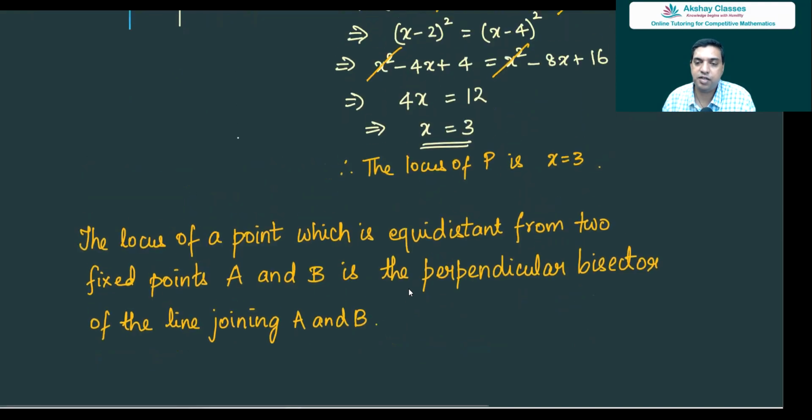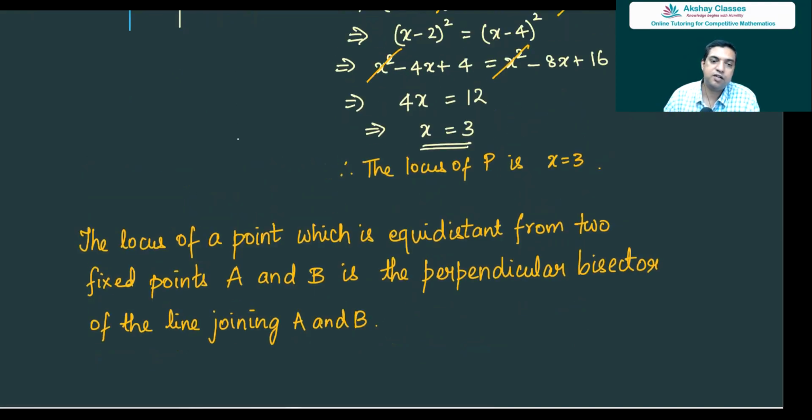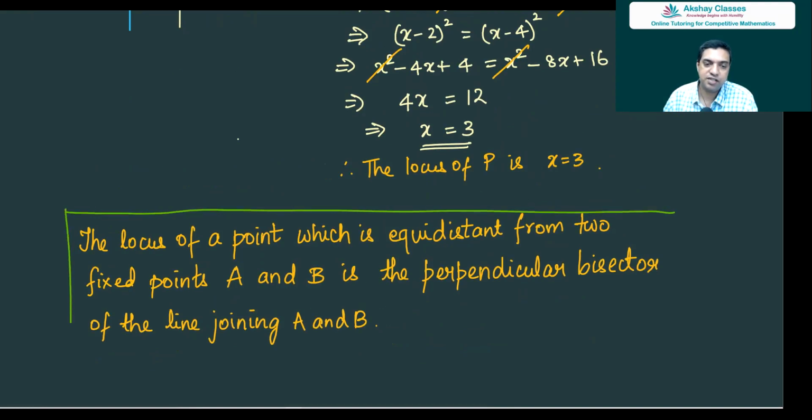So it's a perpendicular bisector. Perpendicular bisector of AB. So this is an important side result.